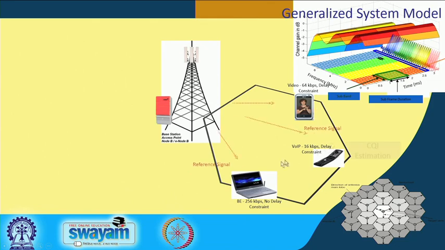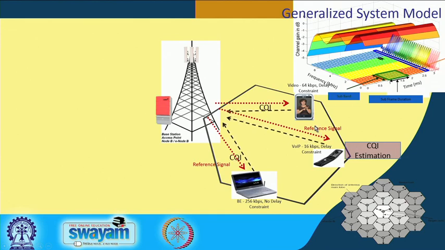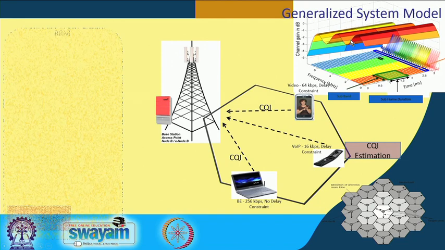Now, each user will see such different channel conditions in the desired cell, and there will be heavy interference from all the neighboring cells. The base station communicates with the user equipments with reference signal. They demand different services simultaneously, and they send back the channel quality indicator, which is a representation of the kind of links that the users experience.